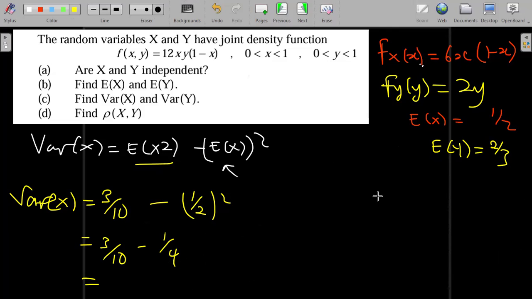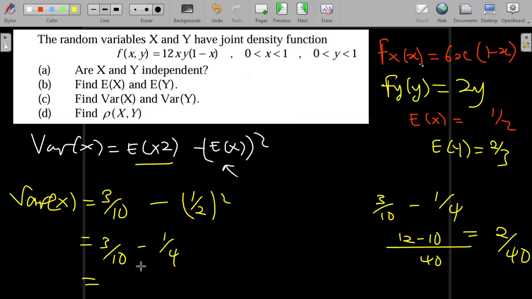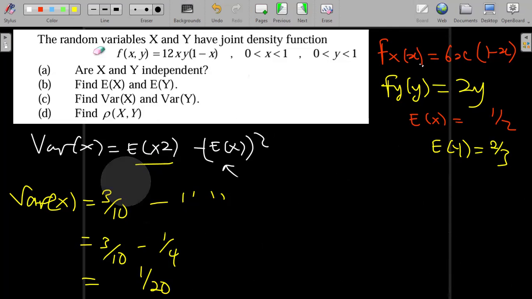So it will be 3 over 10 minus 1 over 4. So 4 times 3 is 12 minus 10. So this will just be 2 over 40, which is the same as 1 over 20. So the variance of x is 1 over 20. Okay, so variance of x is simply 1 over 20.